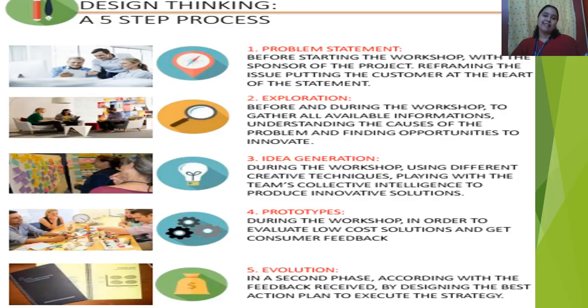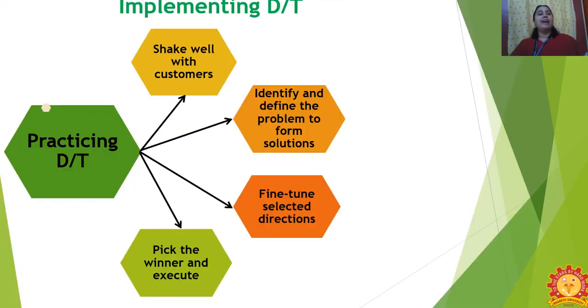Coming to the next slide, we have how to implement design thinking in the organization. How do you practice design thinking in the organization? If you see the ways to practice design thinking, we have 4 ways to make it happen. The first way is to shake well with customers.